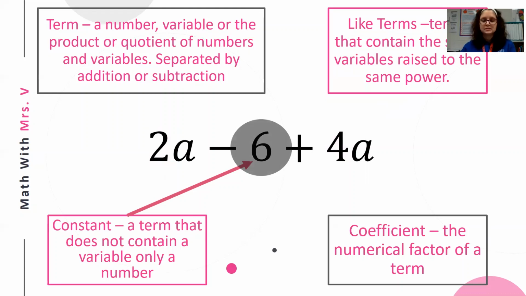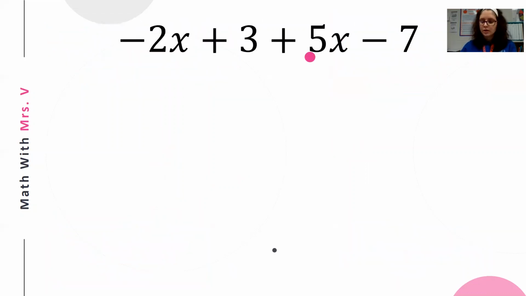So let's look at some examples and how we would simplify them by combining things that are similar. In this example, we have negative 2x plus 3 plus 5x minus 7. So the first thing that you need to do is notate what is the same.